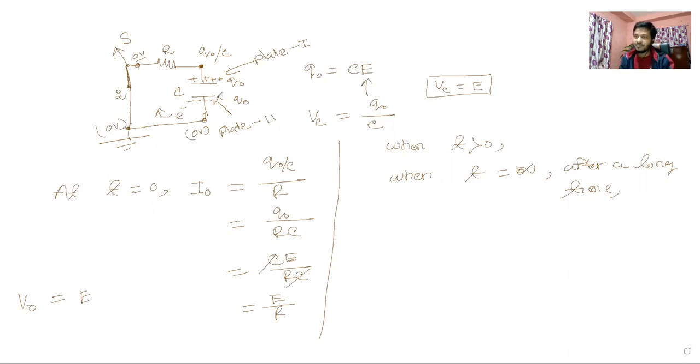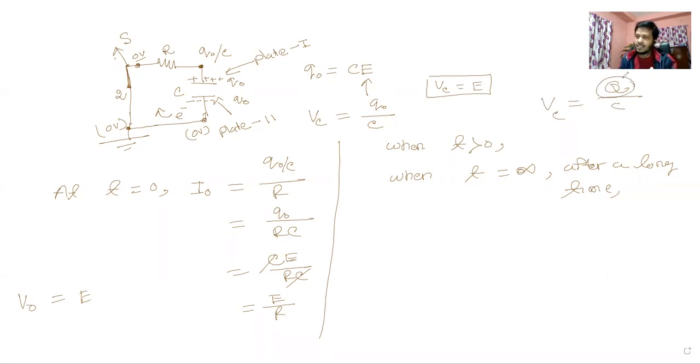If there is no charge, that means the metal is neutral. And if there is no charge, then what will be the voltage? 0 voltage. Because we know from the equation V equals Q upon C, if Q is 0, V will be 0.